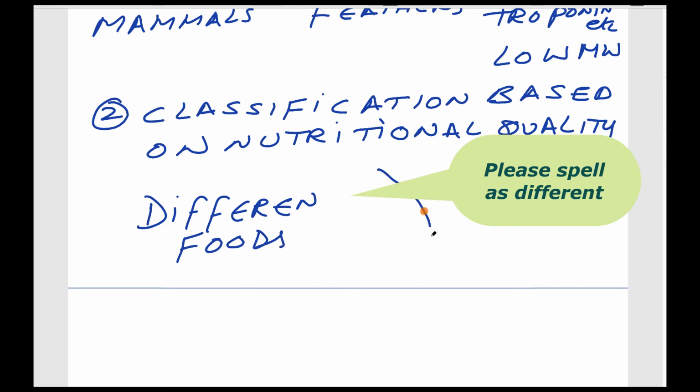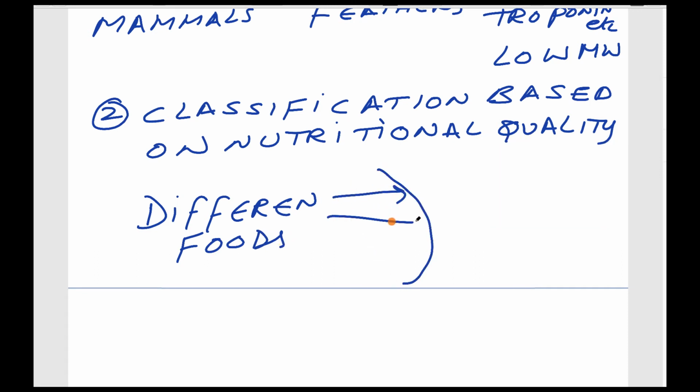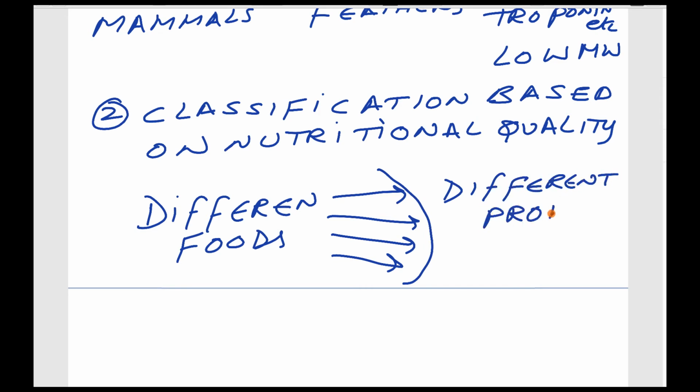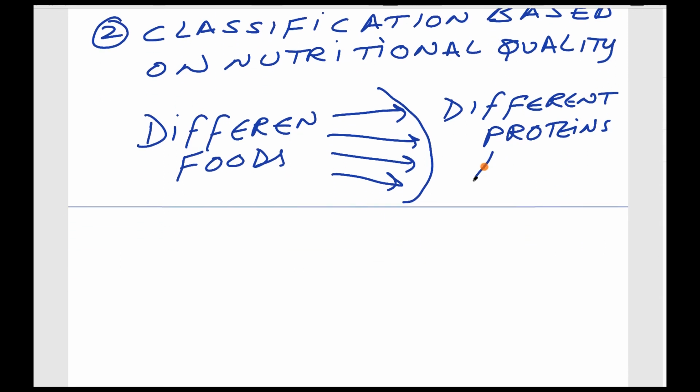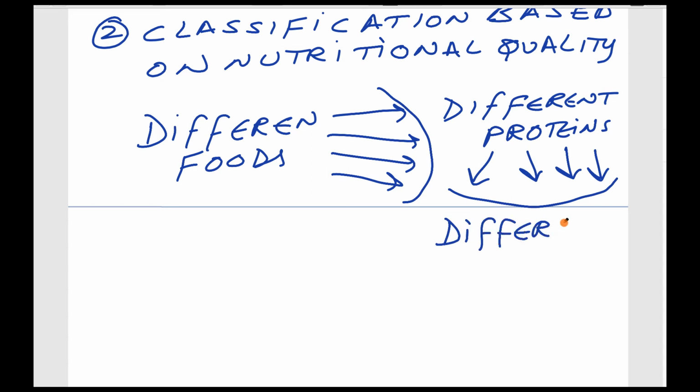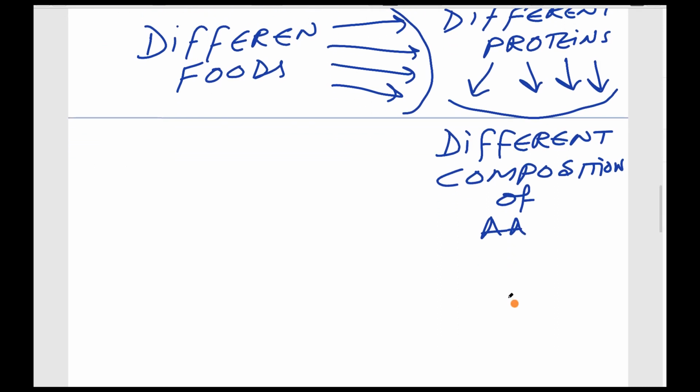Our regular diet contains different foods, and in the different foods, different proteins are present. Different proteins contain different compositions of amino acids.